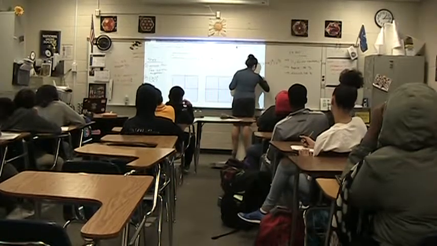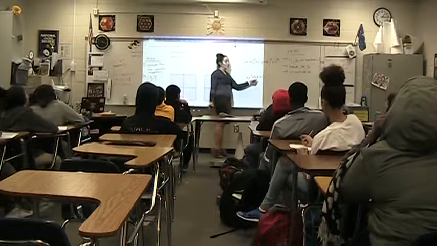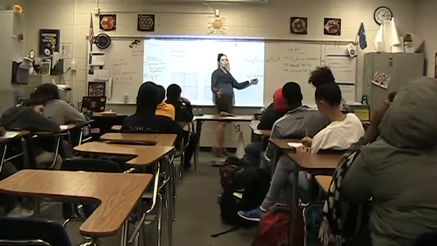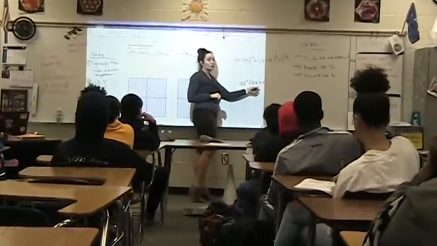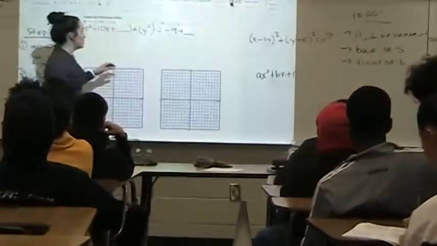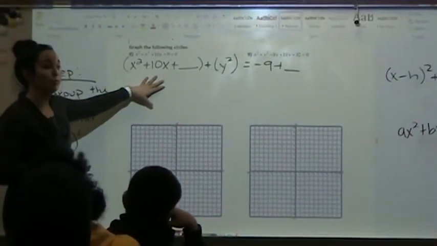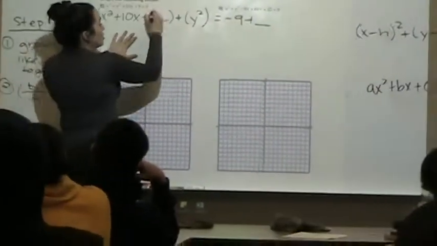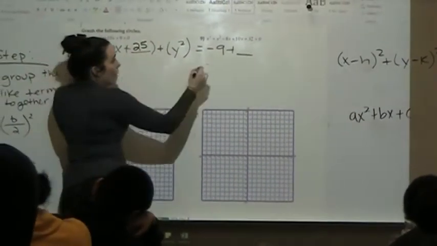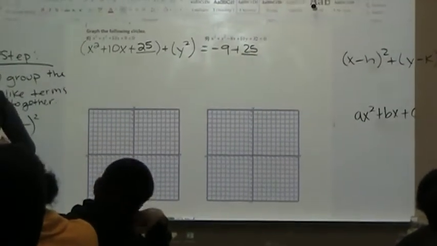Your b term was the one that was attached to the x, right? What is my b term in this? 10. So I'm going to take 10, divide it by 2, and square it. 25. So that number that I just found, I'm going to add it to both sides. It's a lot.